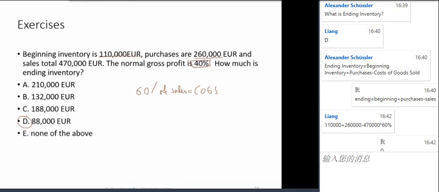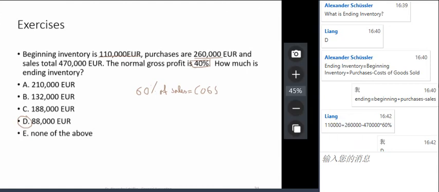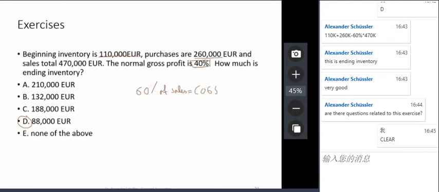You add your purchases. You have to deduct cost of goods sold, because cost of goods sold is what leaves your inventory account. Are there any questions? It's clear, yeah?